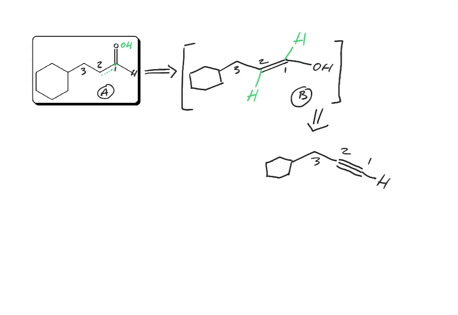And the precursor to a terminal alkyne is an acetylene, which will give us carbons 1 and 2. And the remaining portion of the alkyne C will be an alkyl halide.